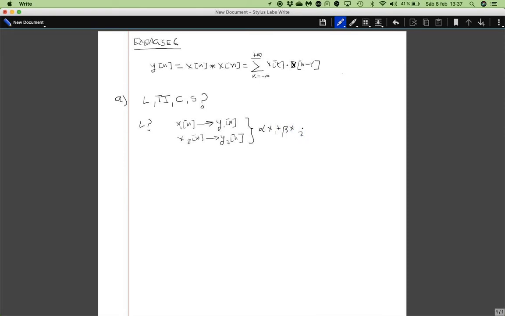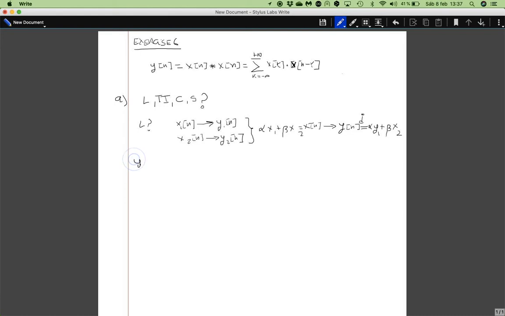We call this new input that we have created x[n], and this linear combination will output a signal y[n]. If the system is linear, then the output to this linear combination of inputs should be exactly the same linear combination as if each of the x1 and x2 signals were input to the system individually. We have to check that.